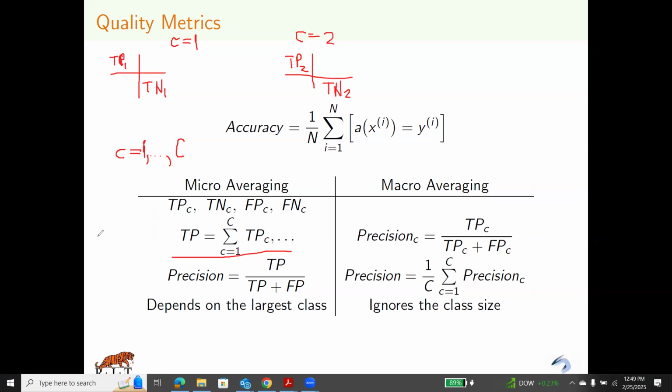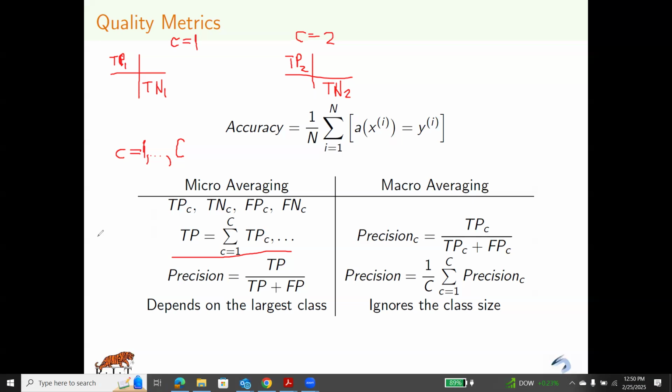Will it actually detect that our points from this underrepresented class were classified incorrectly? No, because the main impact will be from the largest class in this case.